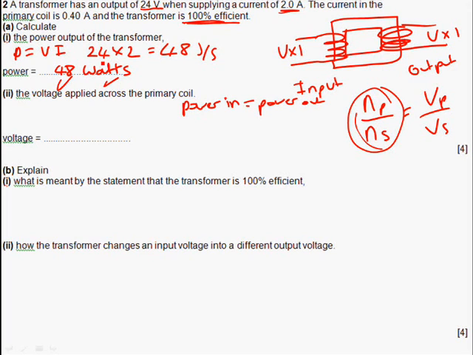Right, I know the power output is 48 watts. And to calculate the power in, I need to know the voltage, which is the thing I don't know. So this is the voltage on the primary coil, but I do know the current, which is 0.4 amps. Okay, so I can get Vp on its own and calculate it. Divide both sides by 0.4.